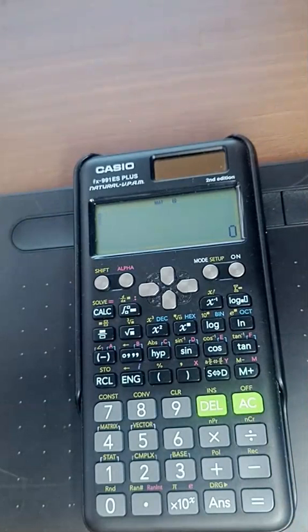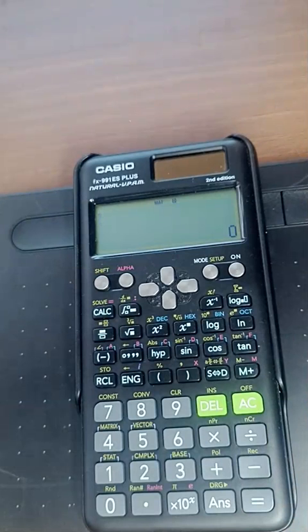If you change the fix and the scientific setting of that calculator, it can indirectly affect the result that you will get. You can as well decrease the brightness of your calculator and increase it. There are so many things we can do using this scientific calculator.